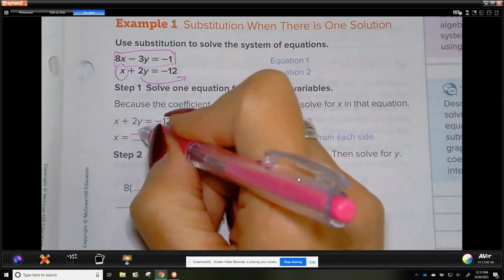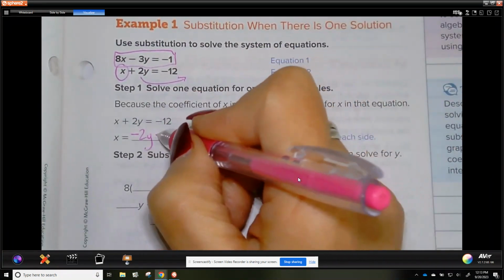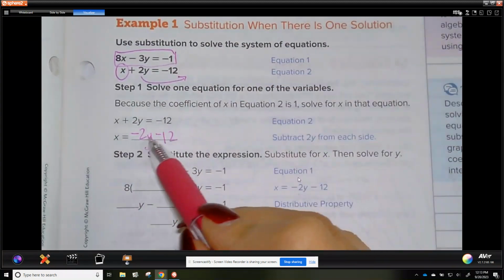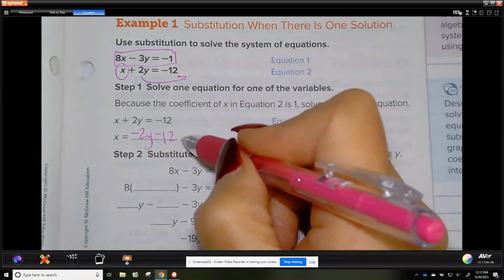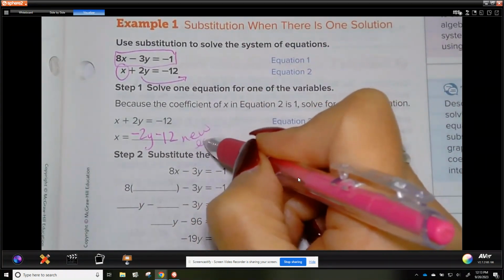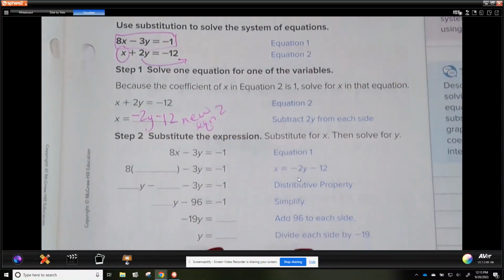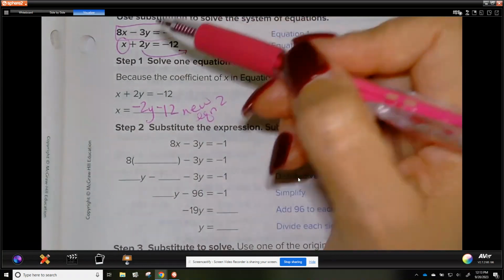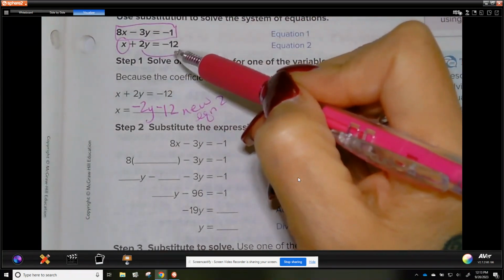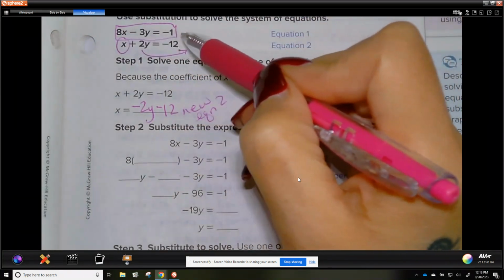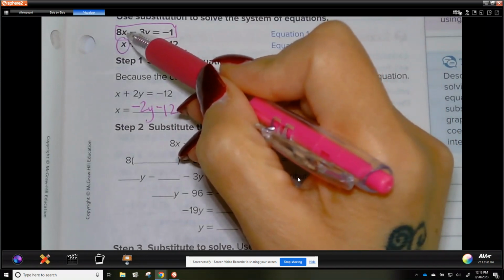So it's going to be x equals negative 2y minus 12. Here it is. This is our new equation 2. EQN is my abbreviation for equation.